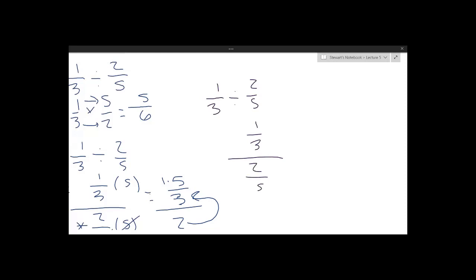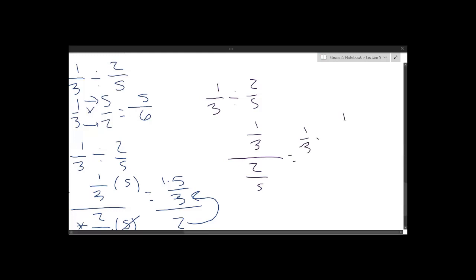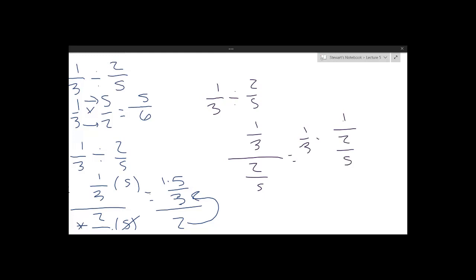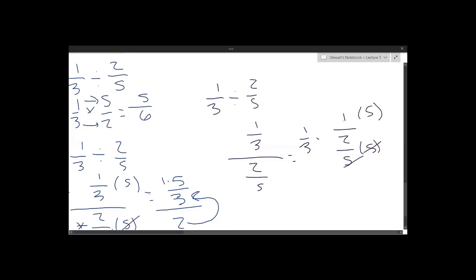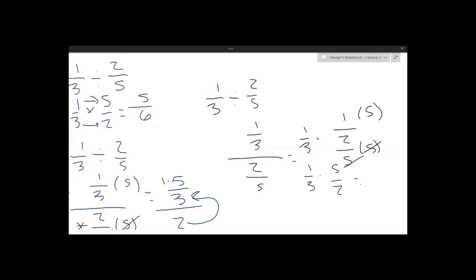If you were to factor out this 1/3, you'd have 1/3 times 1 over 2/5. And in the same regard as before, we could multiply by 5 in the denominator and again in the numerator. That would cancel these 5s, but then we'd be left with 1/3 times 5/2, which equals 5/6. So you get the same answer. It works. I just wanted to show you why it works for anyone who's interested. This is why.